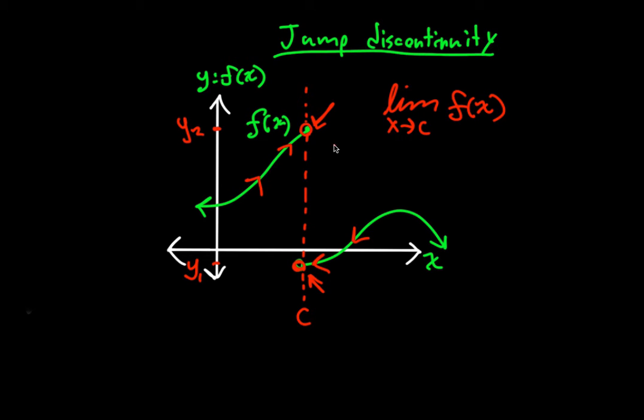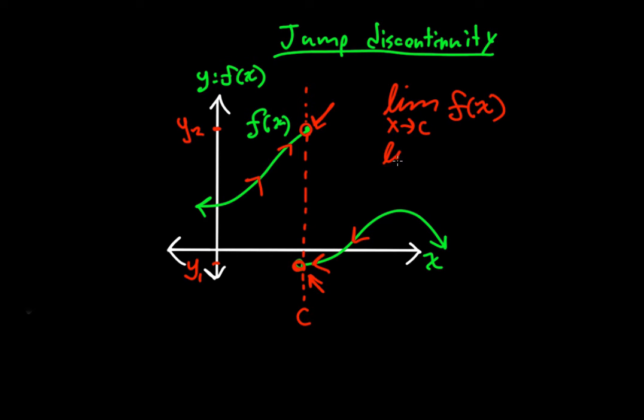So what we have to use for this is the notion of a one-sided limit. A one-sided limit specifies the direction that you're approaching in your x-axis. So we're going to define this as two separate things.